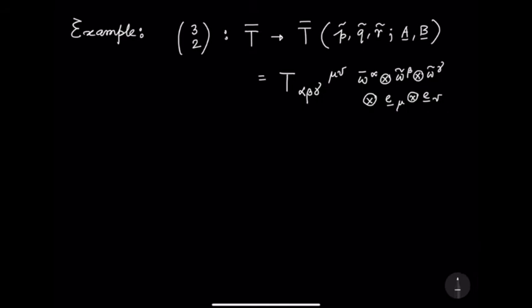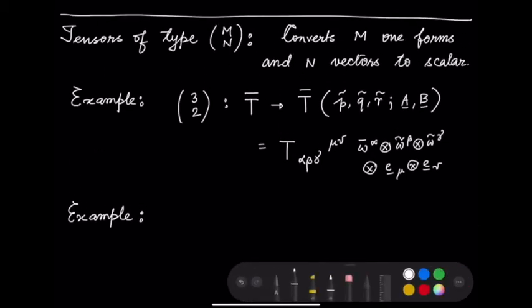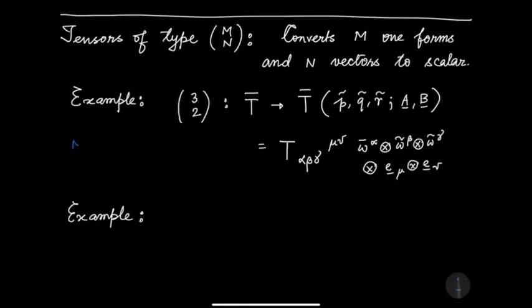What happens? So let's take another example. So everything that we have learned for the upper and the lower indices apply here. So let me give you some old notation for the upper and lower indices. These are called contravariant and these are called the covariant indices.